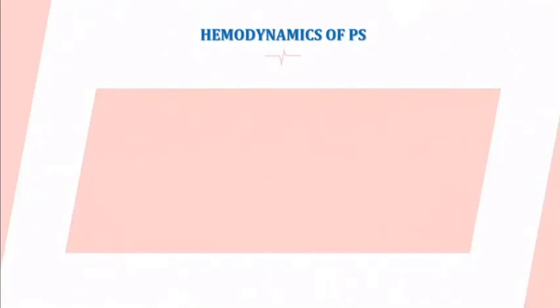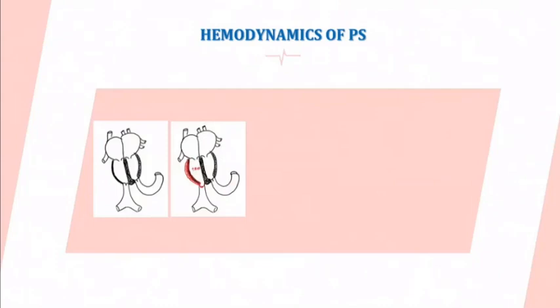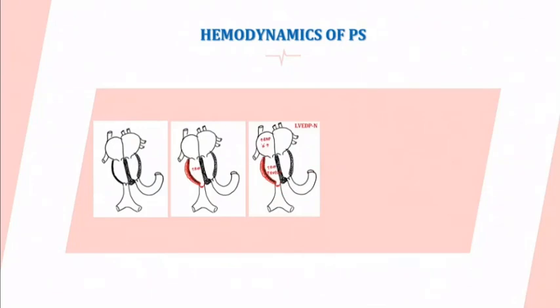Coming to hemodynamics of pulmonary stenosis, obstruction to right ventricular outflow tract increases the intraventricular systolic pressure. Due to persistent increase in right ventricular pressures, there will be right ventricular hypertrophy and the muscle mass eventually increases. And gradually, there will be increase in right ventricular end diastolic pressure as well.